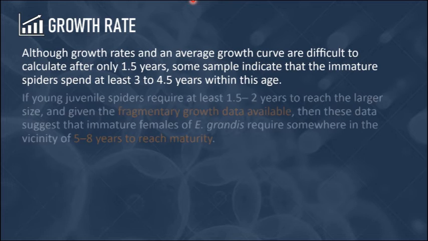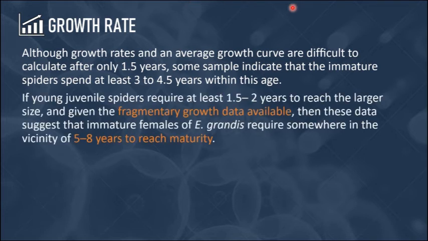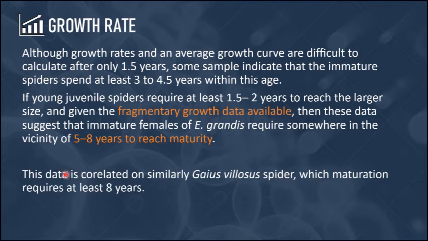If a young juvenile spider requires at least 1.5 to 2 years to reach the larger size, and given the fragmentary growth data available, then this data suggests that the immature females of Euoplos grandis require somewhere in the vicinity of 5 to 8 years to reach maturity. This data is similar to the Gaius villosus spider, whose maturation requires at least 8 years in the wild.